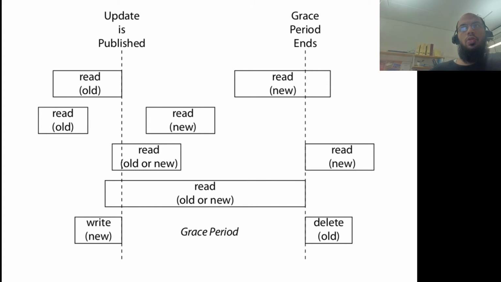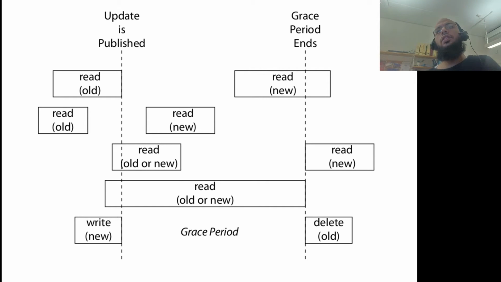So they will operate on the old data, while some threads actually start before the new write is completed. And in that case, these threads can end up reading either the old data or the new data, because the new data will be finished at the update is published line.